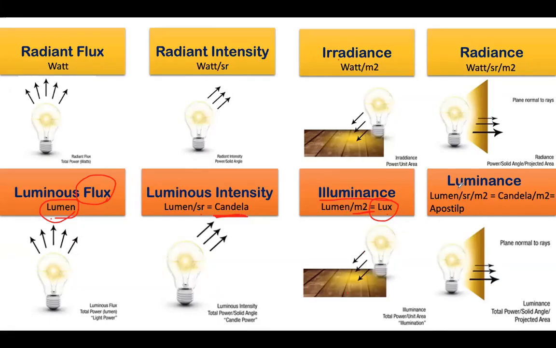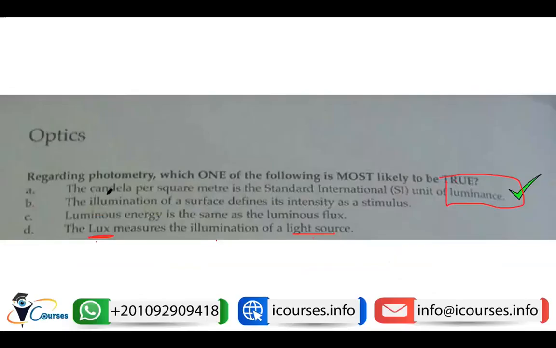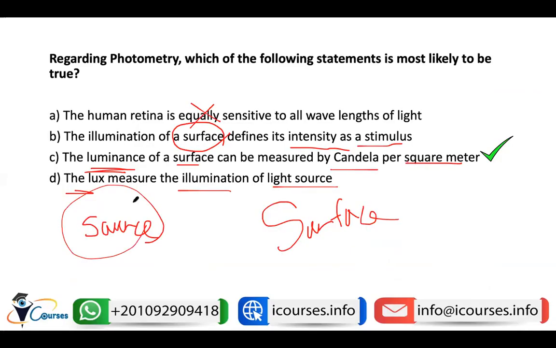While on the other hand, luminance is measured by candela per meter square. Candela, which is the luminous intensity per meter square, is called the luminance. So according to the question, the candela per meter square is the luminance. Again, the luminance of a surface is measured by candela per square meter.